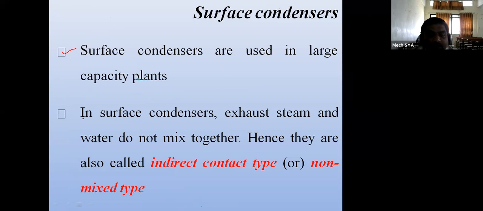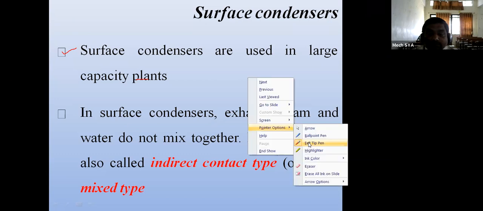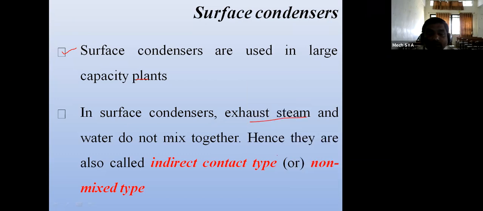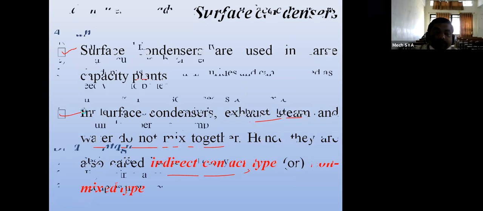The condensate we obtain from a surface condenser is very, very pure, and therefore it can be used directly in the boiler. In a surface condenser, exhaust steam and water do not mix with each other, therefore it is called an indirect type condenser. This point I have told you many times.